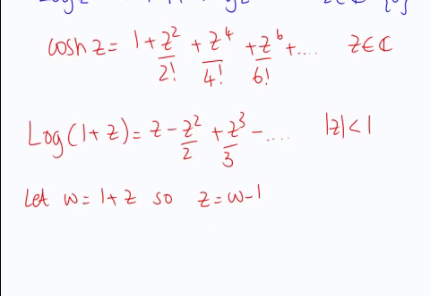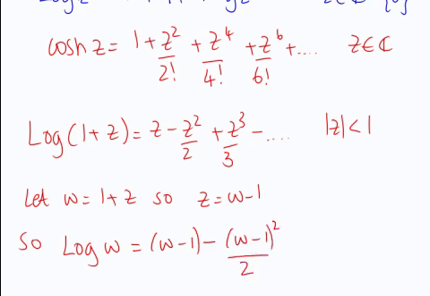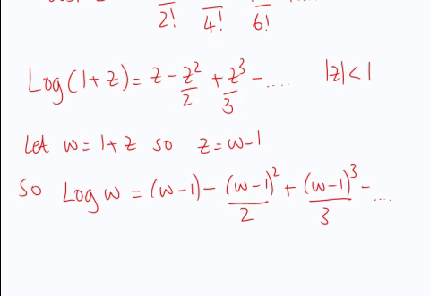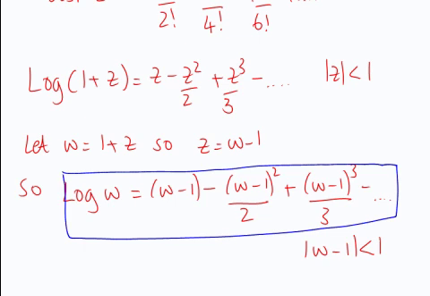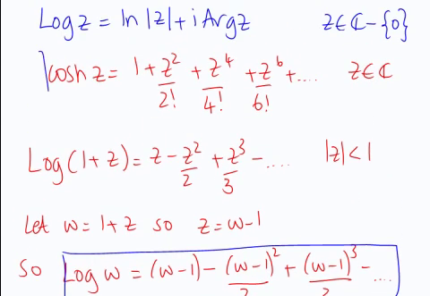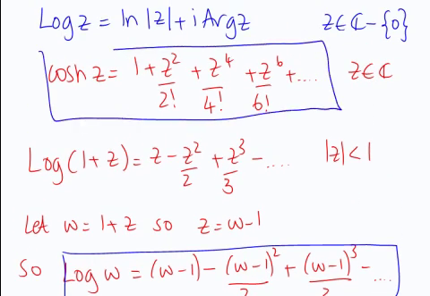And what I then have is that the log of w is w minus 1 minus (w minus 1) squared over 2 plus (w minus 1) cubed over 3, etc. And that one is valid for the modulus of w minus 1 less than 1. So it's these two results, the one that's boxed there and this one that's boxed here, that I'm going to use to obtain my required Taylor series.